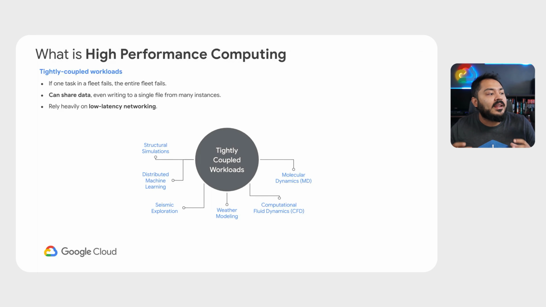You can think of a tightly coupled workload for structural simulation where all individual workloads together are computing a single output. So the output from task A depends on task B, task C, and up to task N. These are examples of some of the other tightly coupled workloads, and this spans industries like medical, industrial, weather modeling, seismic exploration, and many more.